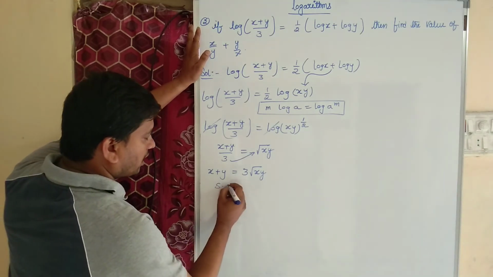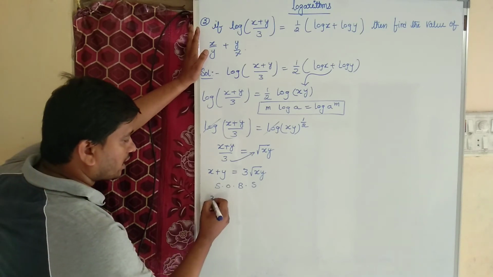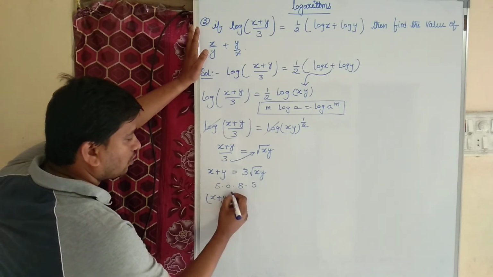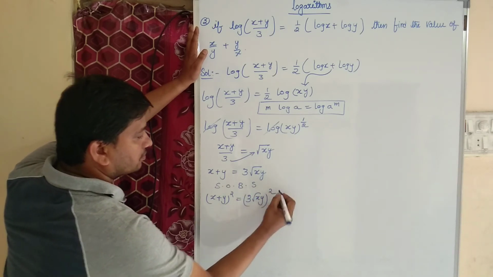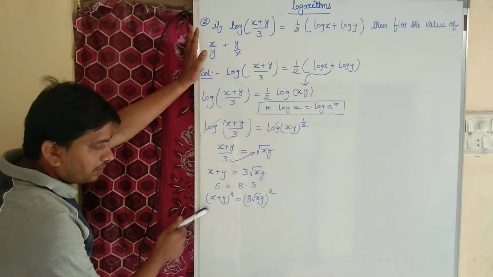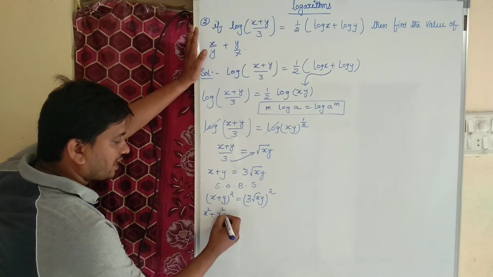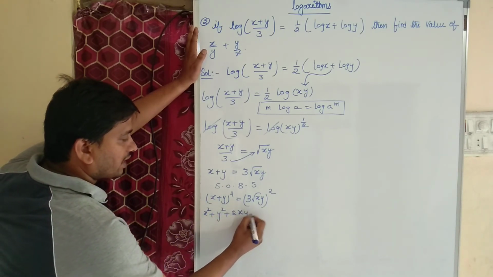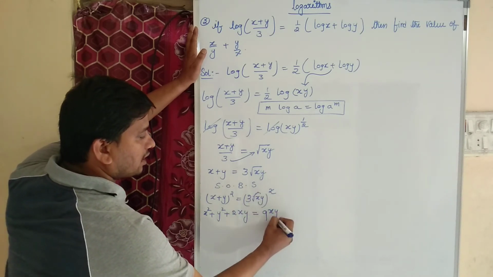Now what do you do, children? Squaring on both sides. I mean x plus y whole square equal to 3 root xy whole square. So what is the formula of x plus y whole square? That is x square plus y square plus 2xy equal to 3 square 9, square root gets cancelled, xy.